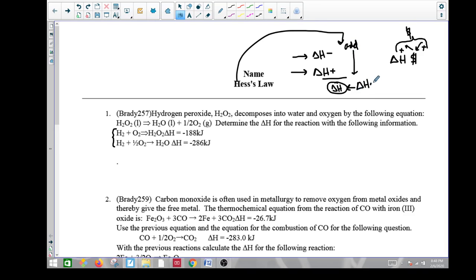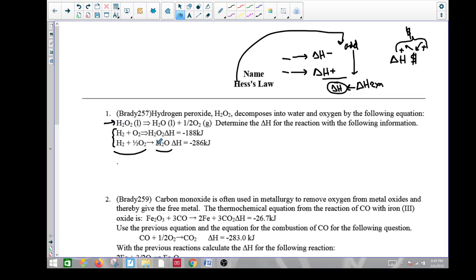Now, this only works if the individual reactions actually add up to the overall reaction. By adding up, I mean that you could combine all of the reactants, combine all the products, cross out like terms, and what you have left would be this one right here.